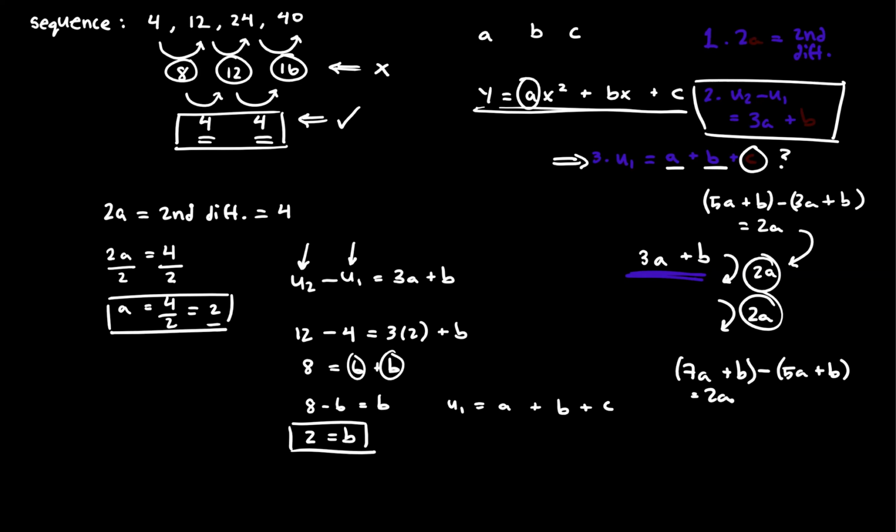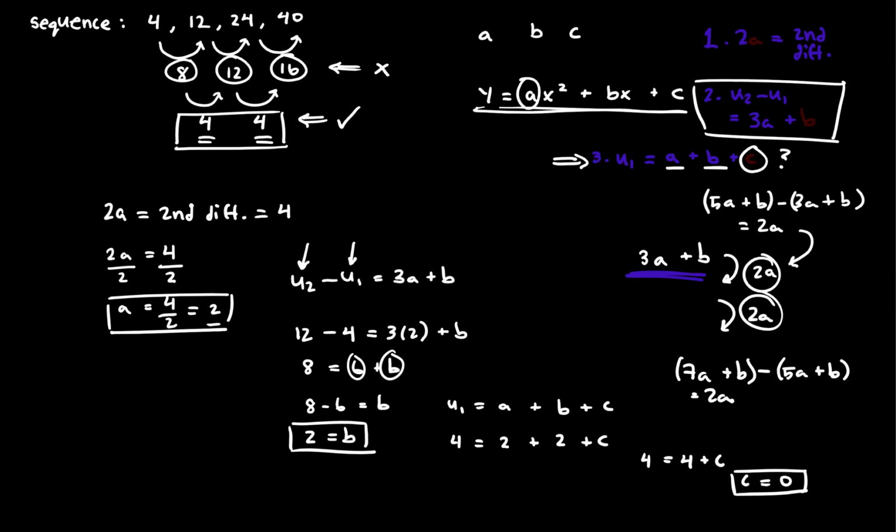So the value of the first term is equal to 4, and we know that a is equal to 2 and b is equal to 2. So we can say 4 equals 4 plus c, and if we subtract 4 from both sides, we will get that c equals 0.